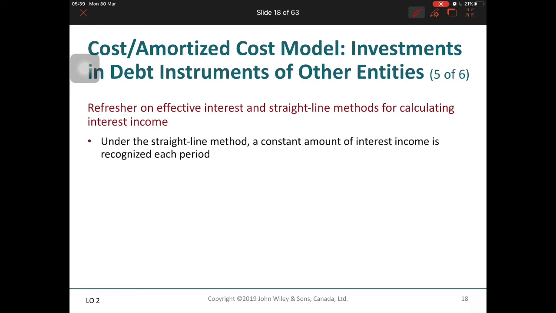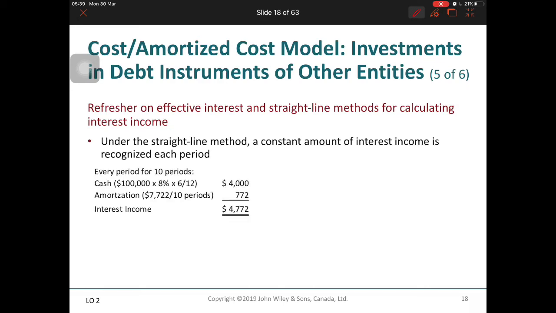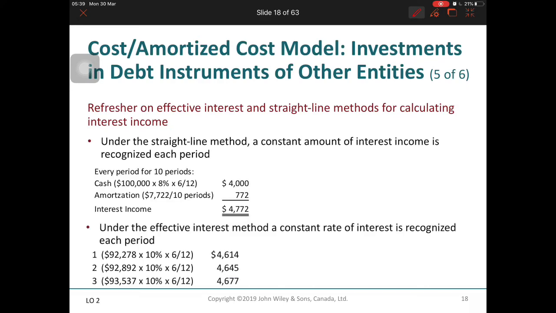This is a refresher on the effective interest and straight line methods for calculating interest income, to recall the difference between them. The straight line method is very simple.